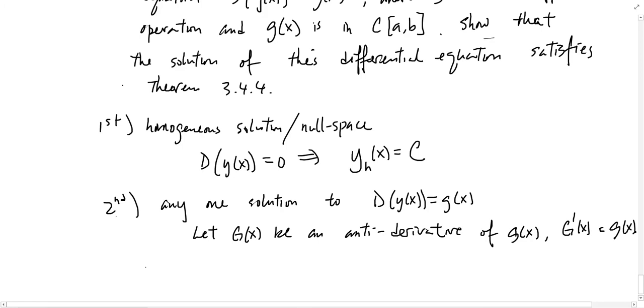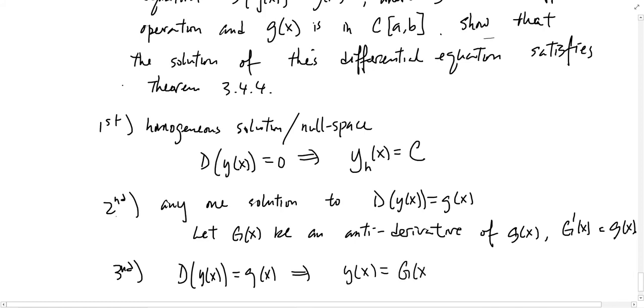And in this case, now I have my answer. The solution to this differential equation is basically just y of x equals the particular solution, which in this case is capital G of x, plus the homogeneous solution, which is the c.